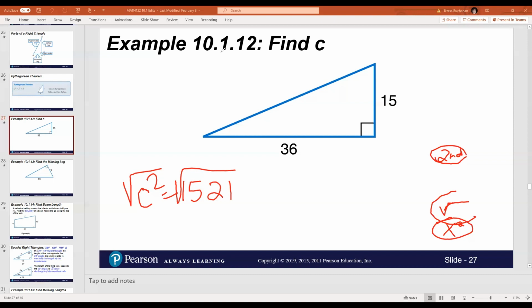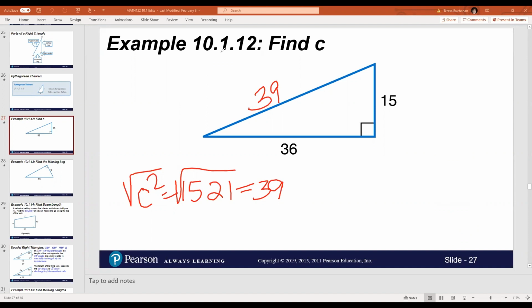So square root of 1521 is, oh, that's a perfect square. That's handy. Exactly 39. So C is 39. Also, again, as you work on these, you always want to look and see, does that make sense? The hypotenuse is always going to be the longest side of the triangle, so that's reasonable.